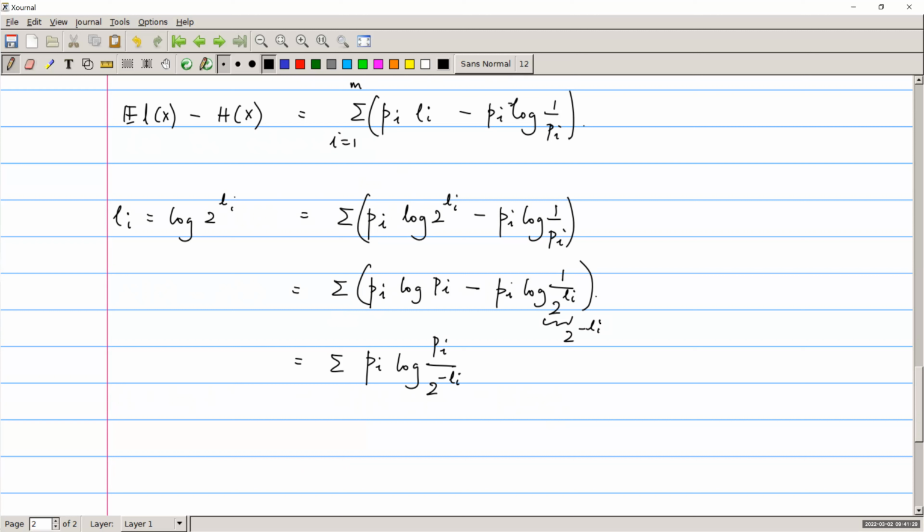Now this looks very much like a tail divergence. P is a probability distribution, but not necessarily 2 to the minus li. But we can come up with a new probability distribution. Consider this probability distribution.